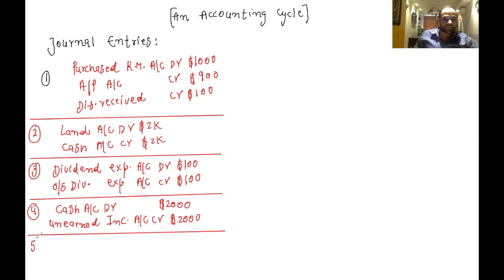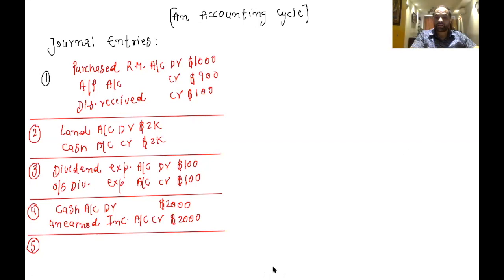Number 5. Number 5 is borrowed money from bank 1,500. So tell me, borrow from bank. Cash. Cash account debit. And bank loan account is credit.